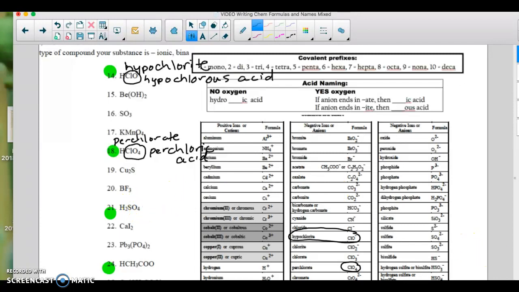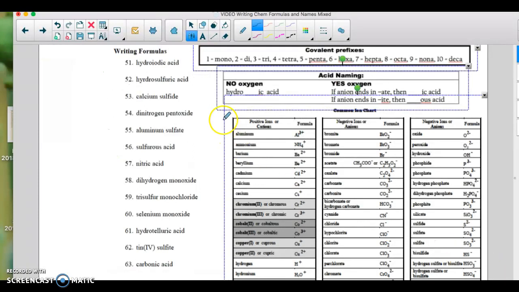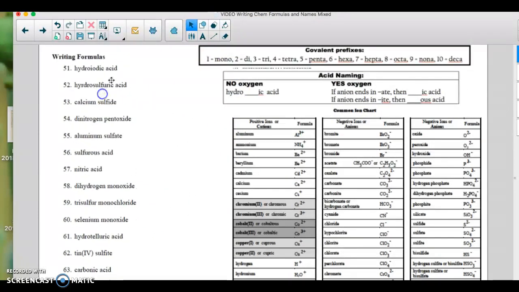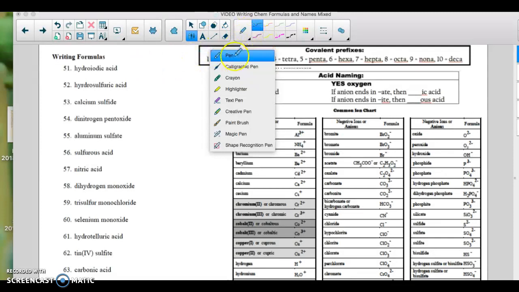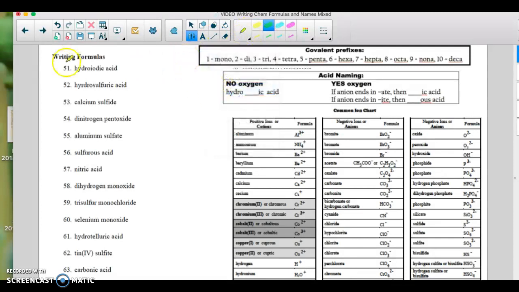So let's go the other direction with acids. So what happens when I know the name of it now and I want to write the formula? So first thing, again, it seems kind of silly, but let's highlight all the acids so that we can get them out of the way.